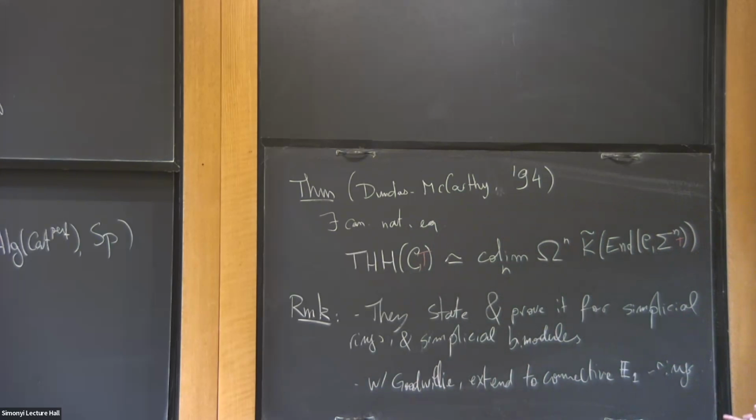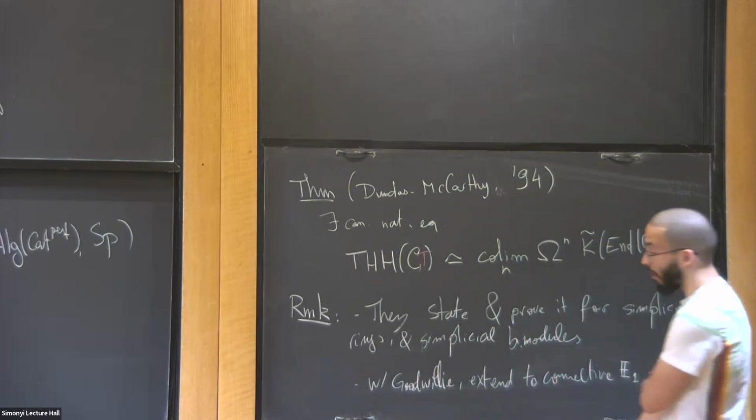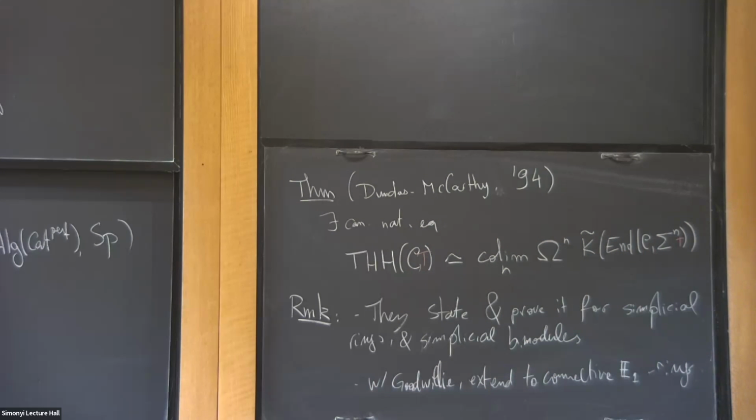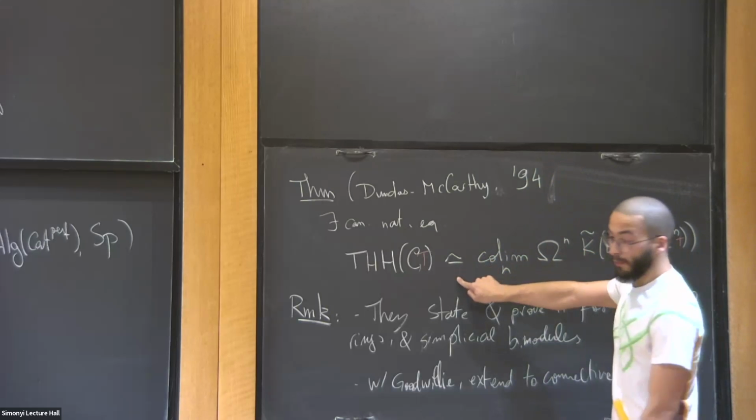But there's a subtlety here, which is that their proof actually involves quite heavily connectivity estimates, both for K theory and for THH. And these connectivity estimates are just completely wrong for non-connective rings and for arbitrary stable categories, which are more like non-connective rings, unlike connective rings. And so it actually takes some work to extend this to this version.